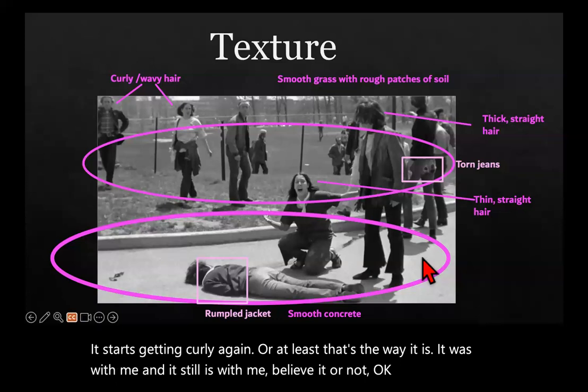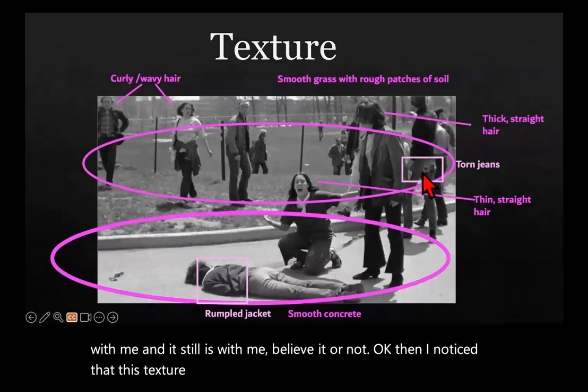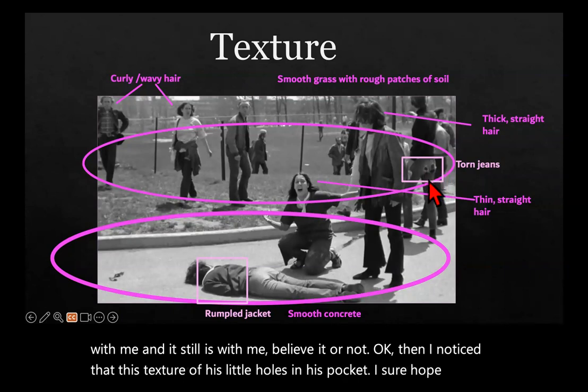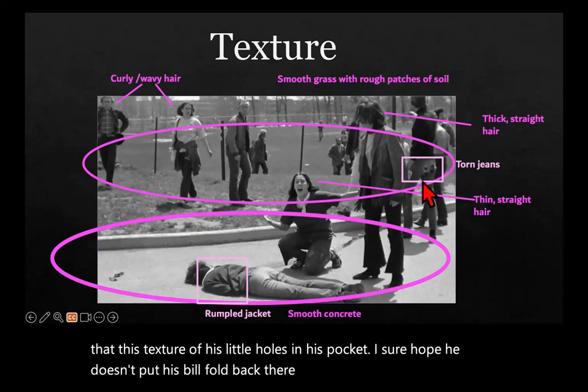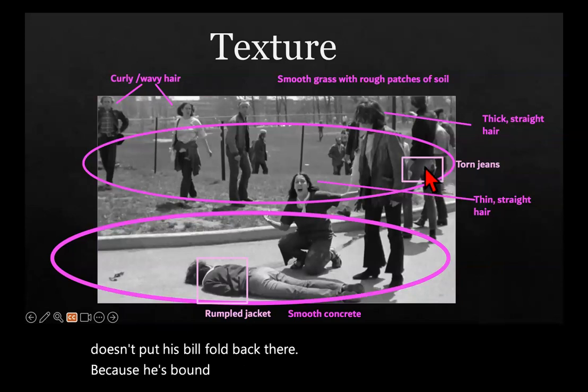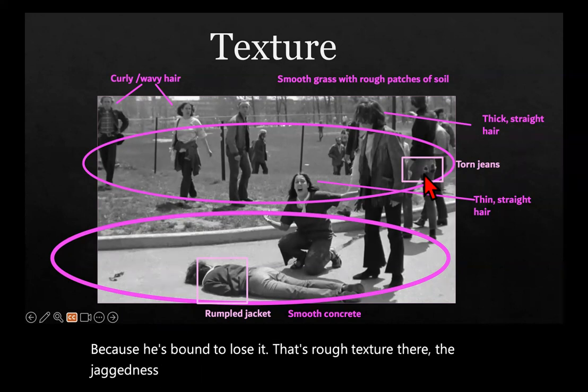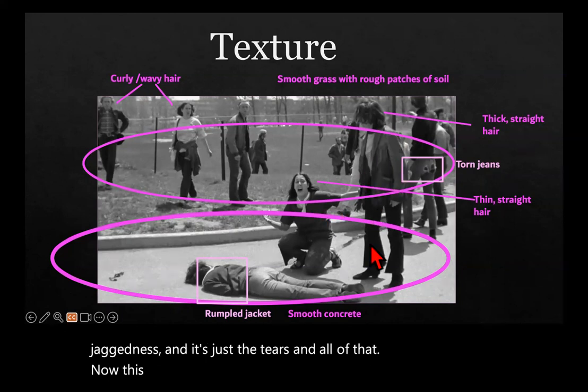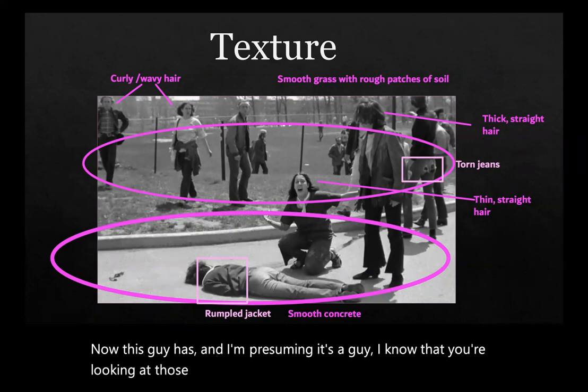Okay, then I noticed the texture of his little holes in his pocket. I sure hope he doesn't put his billfold back there, because he's bound to lose it. That's rough texture there, the jaggedness, the tears and all of that. Now, this guy, and I'm presuming it's a guy. I know you're looking at those boots and saying, well, that's a girl. Not necessarily.